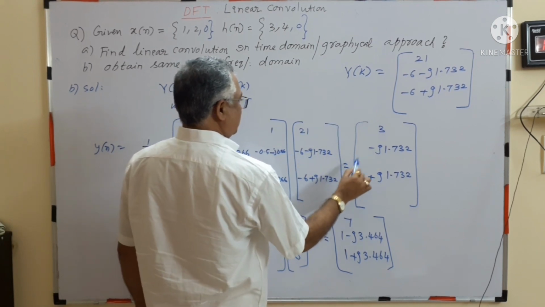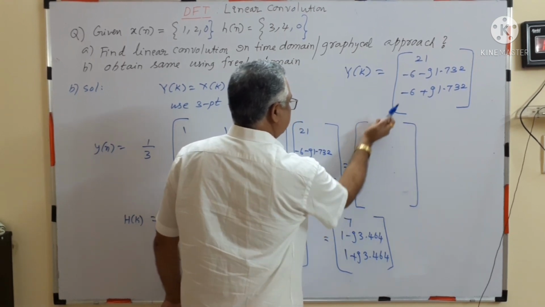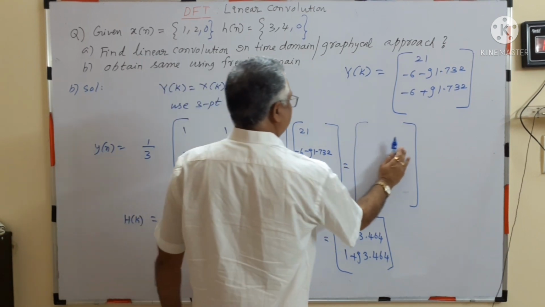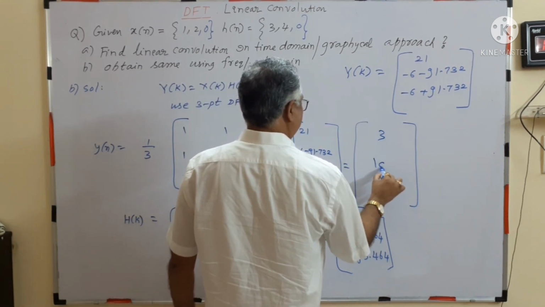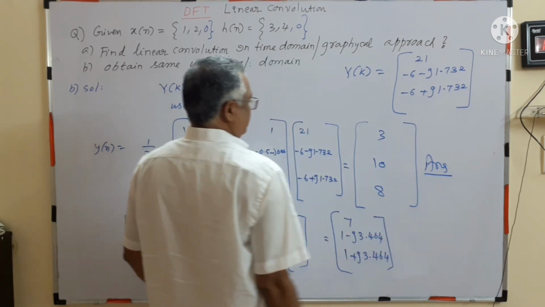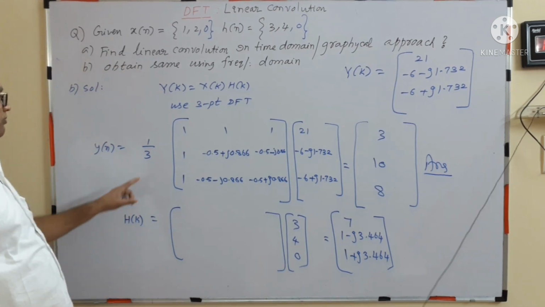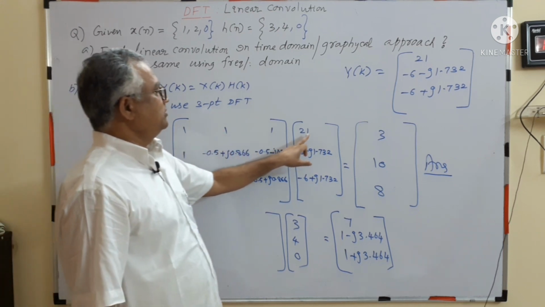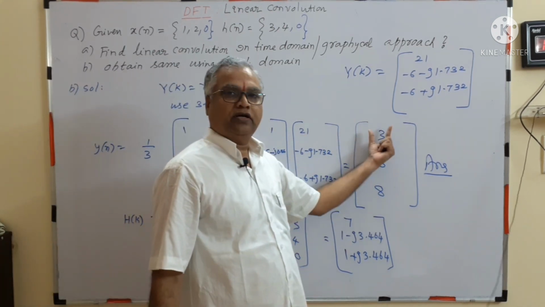This you multiply. So after multiplication, you get exactly the same answer, 3, 10, 8. This 1 by 3 is also there. This is Wn star. Then y of k, multiply, you get the y of n answer.